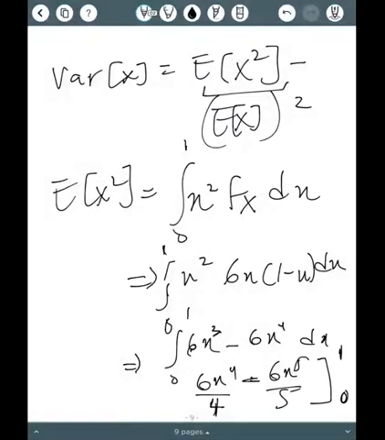Okay, let me just check it once again. 6/4 minus 6/5. Okay, so that was correct, right? So यही हो रहा है, इसका 1/20 है. So 1/20 है, because वेरिएंस निकाल रहे हैं.